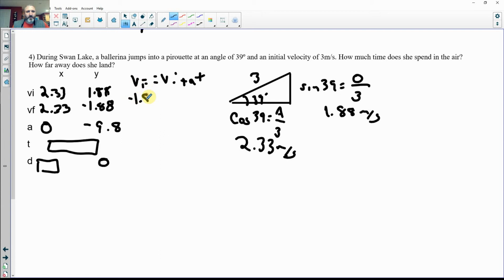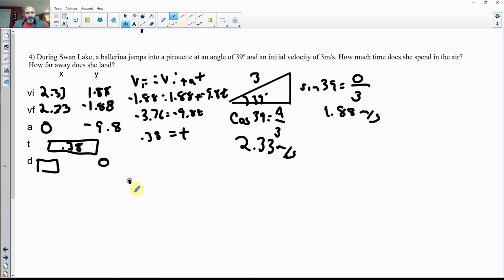VF is going to be negative 1.88, VI is positive 1.88, so negative 1.88 equals 1.88 plus negative 9.8 T. Negative 1.88 minus 1.88 gives us negative 3.76 equals negative 9.8 T. Divide both sides by negative 9.8. We should get a time of 0.383 seconds. So I'm just going to leave it as 0.38 seconds.